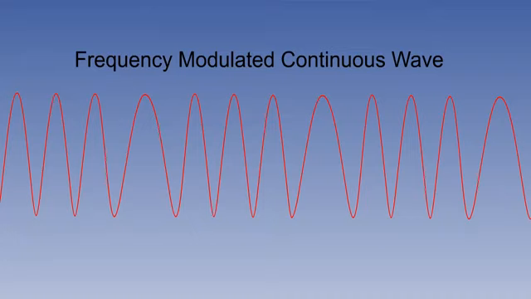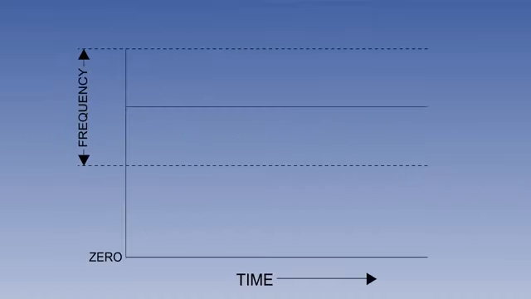With this type of modulation, we have a continuously changing characteristic of the transmitted signal, and therefore we have something to compare the received signal against and to measure the time difference. We'll now see how this is done. Consider the transmitted signal at some particular point in its frequency modulated cycle.